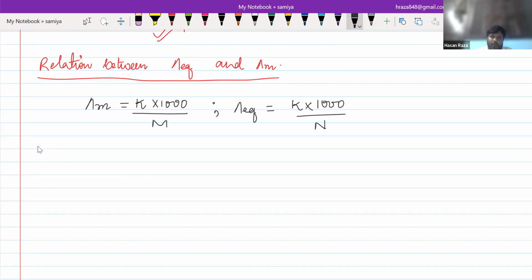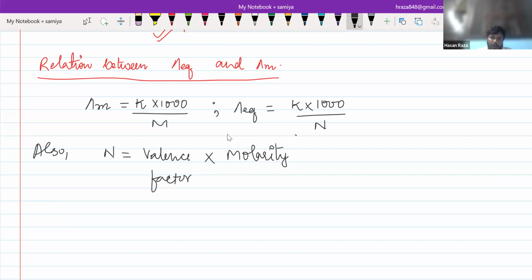Also, we know that normality is equal to valence factor, or n factor you can call it, into molarity.